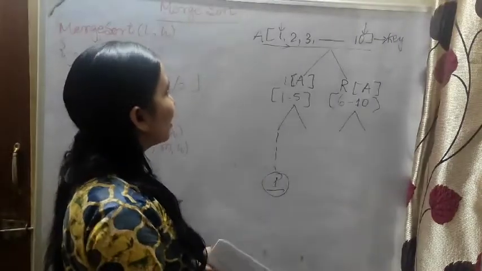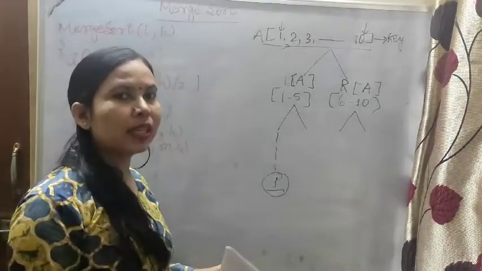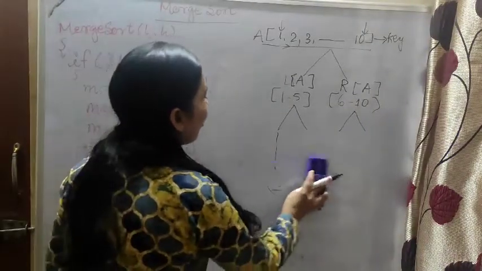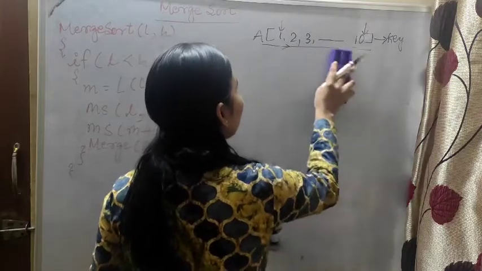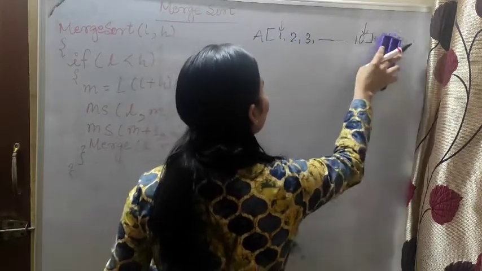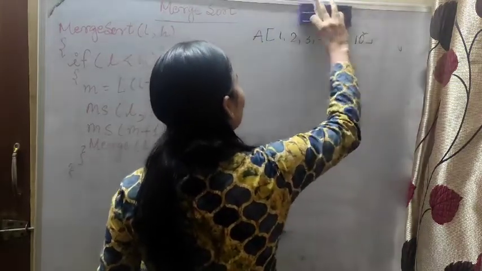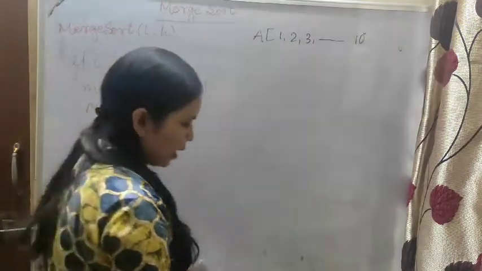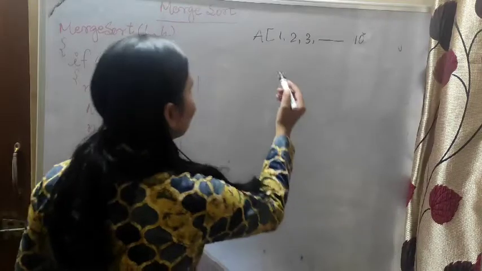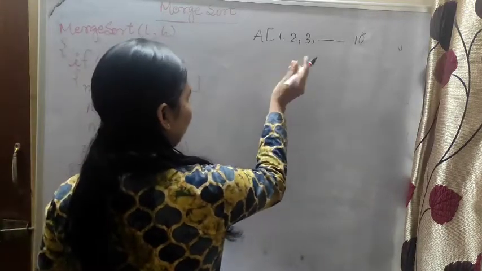Before I start merge sort, first you should see merging, because merging is used in the merge sort algorithm. Whenever we merge data, we take it in array elements. Suppose this is an array of 10 elements, and you can put any numbers here.